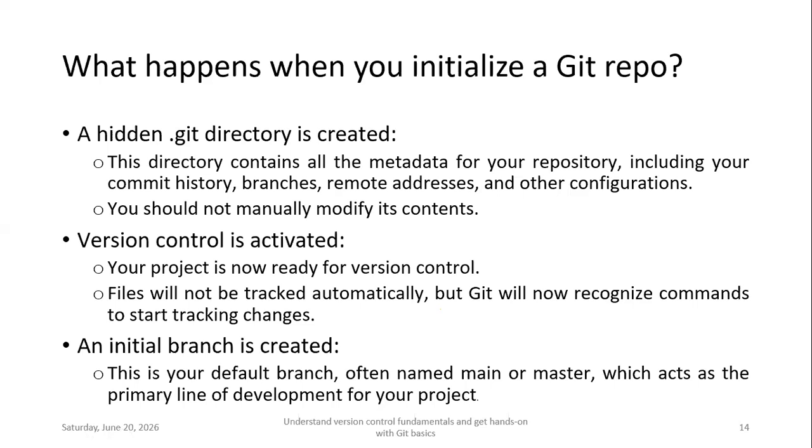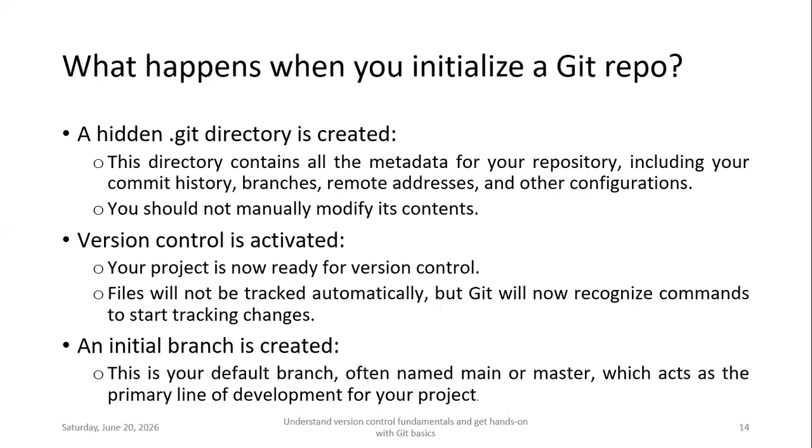Files will be tracked automatically, and Git will now be able to track these files and the changes that we make inside that directory, which is a Git directory. Also, an initial branch has been created, called main or master. The old versions of Git used to call it master.